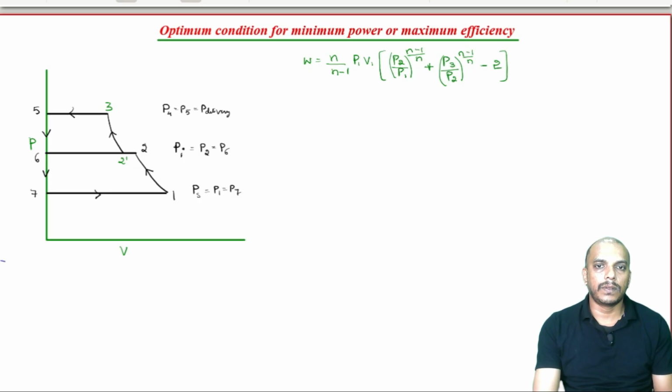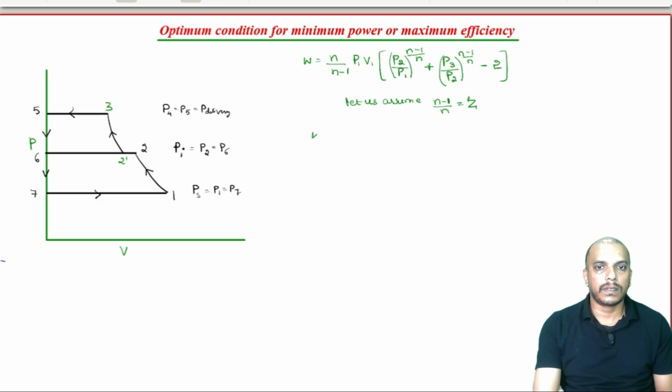We are going to differentiate this work transfer with respect to P2 in order to get the minimum power or maximum efficiency. Just to keep it simple, let us assume (n minus 1) by n is equal to z. That will help us greatly in the differentiation.